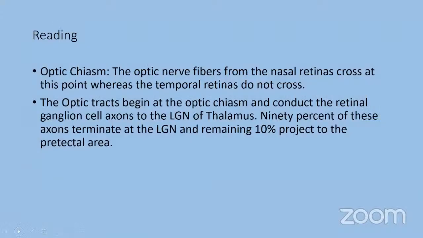The optic nerve fibers from the nasal retinas cross at the optic chiasm, whereas the temporal retinas do not cross. The optic tracts begin at the optic chiasm and conduct the retinal ganglion cell axons to the lateral geniculate nucleus of the thalamus. 90% of these axons terminate here, and the remaining 10% project to the pretectal area and subserve the pupillary reflex in adjusting the iris diaphragm.